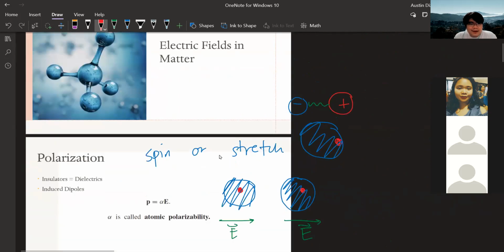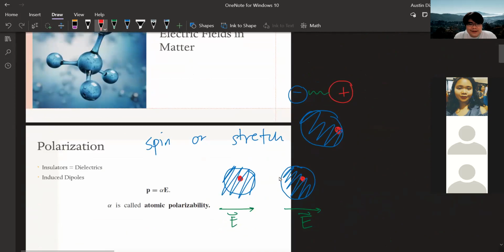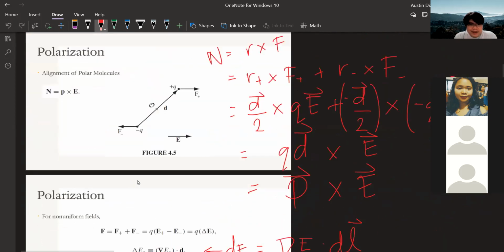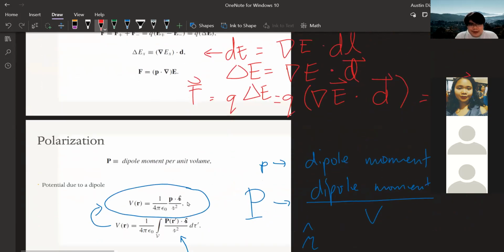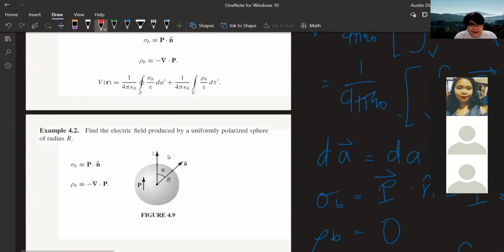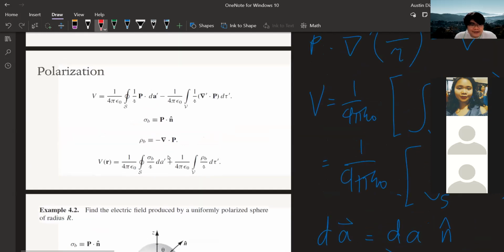Okay, basically today we just touched the topic of electric fields in matter kung saan meron kang polarization. Polarization ay yung pagkakaroon mo ng dipole moment sa loob ng volume mo. So dipole moment per unit volume, polarization mo. Then we simplified our potential as a function of the bound surface charges and the bound volume charges.